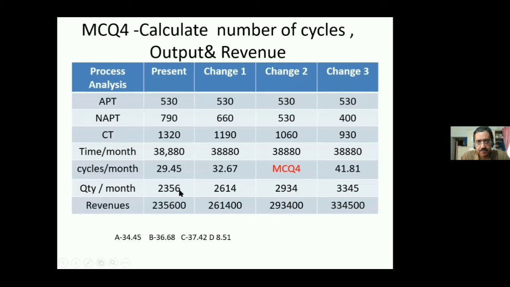Quantity per month increases from 2356 all the way to 3345. So the revenue goes from 235,000, almost a 100,000 improvement in revenue, to 334,500.